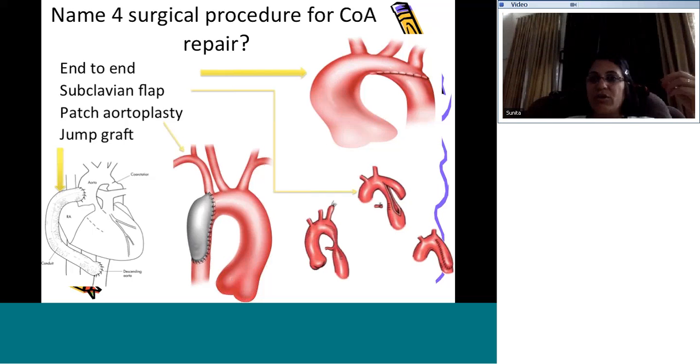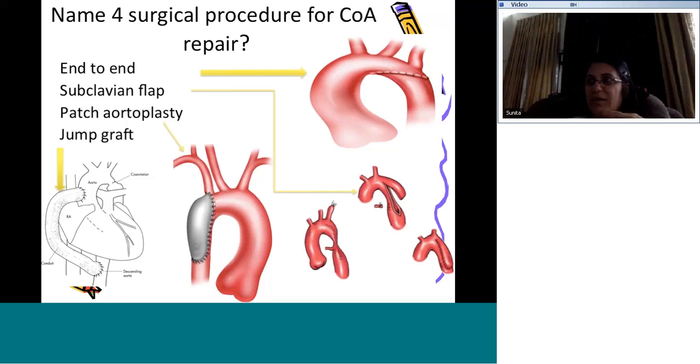They will get acute gangrene, right? So the subclavian flap can only be done in neonates or early infancy, because at that time they can develop collateral flow and will not develop gangrene of that arm. Is that clear to everyone?